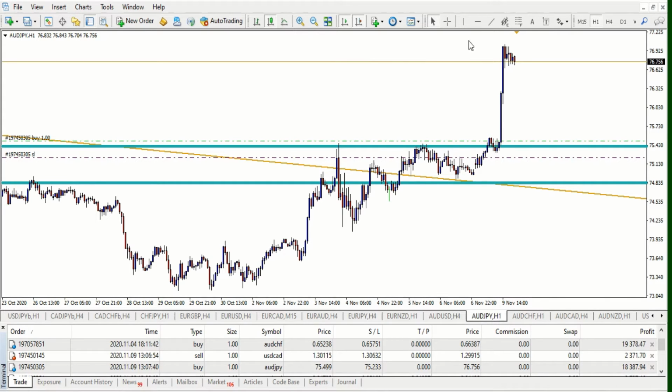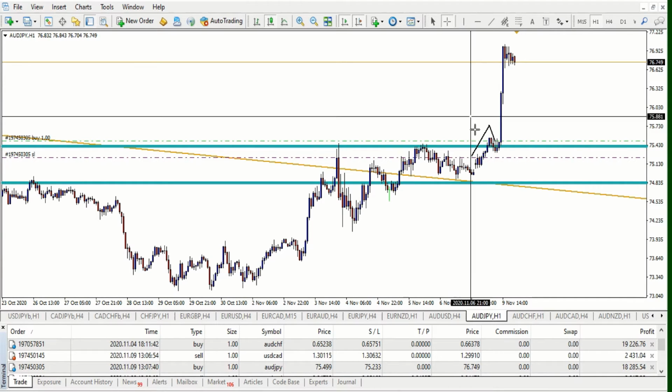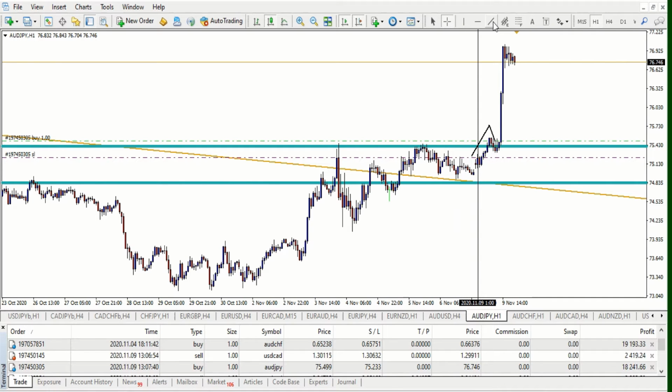So what the market did was move up, right, came back down to retest in this zone, right? Remember, the market won't be perfect, but this was a good enough retest, and then it started making its way back up there.